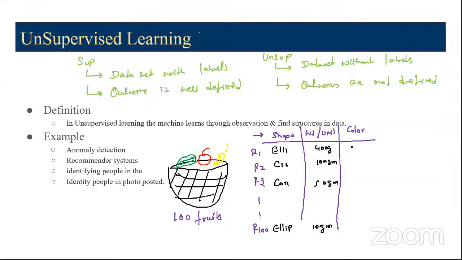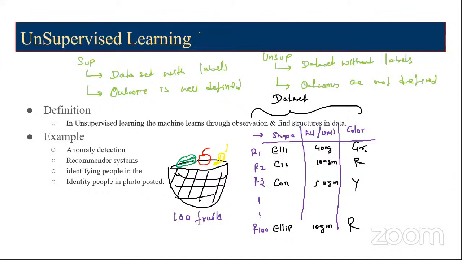And color is green, red, then yellow and red. Say we are given these. So this entire thing is a data set.